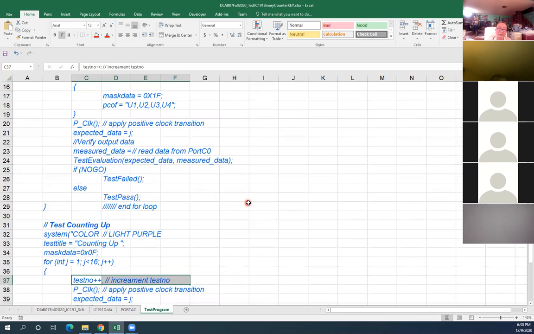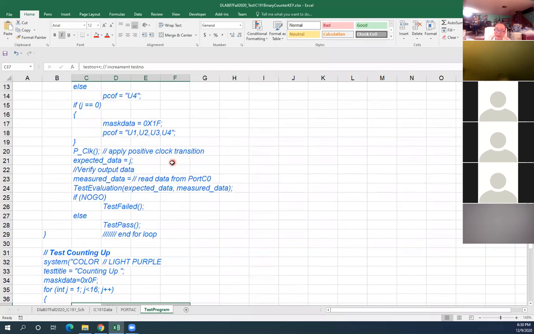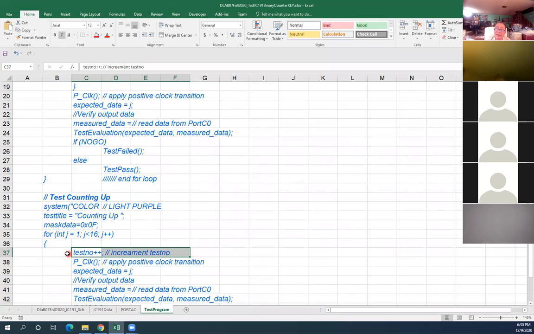When you test the memory, it's the same thing. The loop can be from 1 to 1,000. That means there are 1,000 tests or 512 tests. You don't want to keep typing 512 tests. That's what you have to say: for j equal 0, and if it's less than or equal to 512, then you increment.